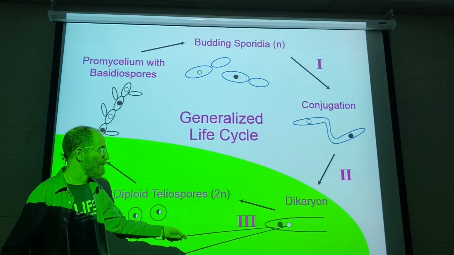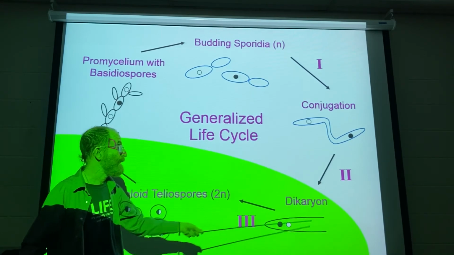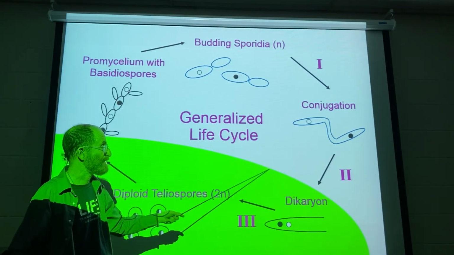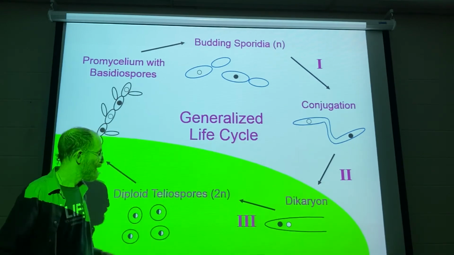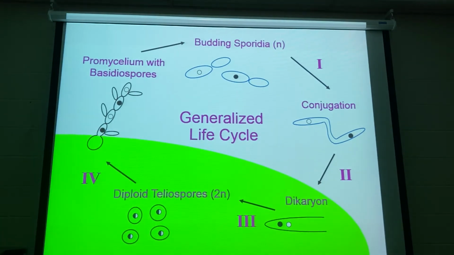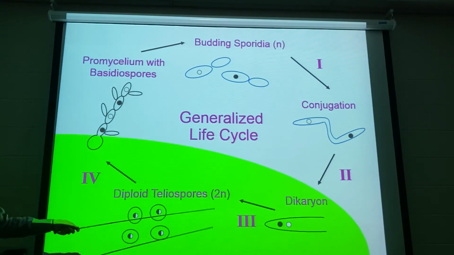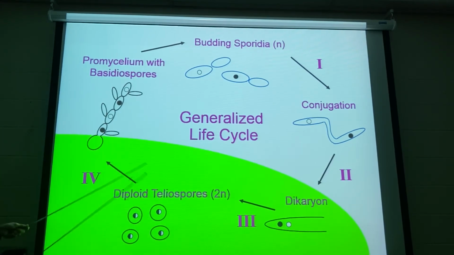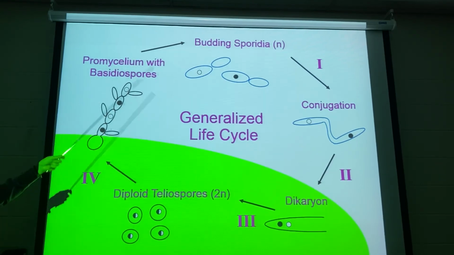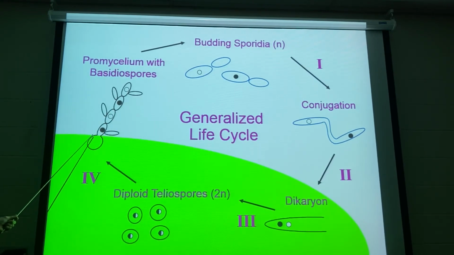The two nuclei remain separate in the dikaryon, and that filamentous structure penetrates the host plant as shown here. And then that leads to, by the activation of the B locus, the subsequent steps that lead to formation of the diploid spores, so that we can recapitulate the cycle by the spore being released, germinating, undergoing meiosis.